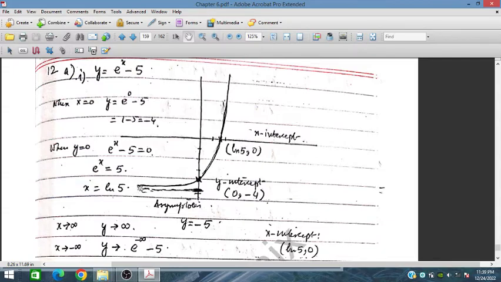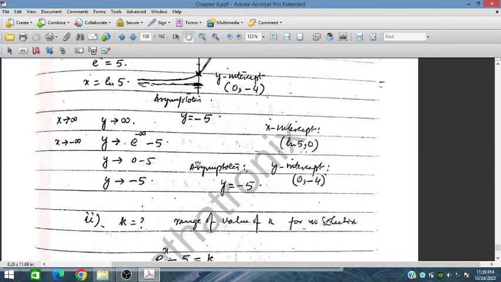So y is equal to minus 5 is the asymptote. And for x tends to plus infinity, y tends to infinity, that is going upward. With the increasing value of x, y is increasing to the infinity side. So this is the plot which is required.